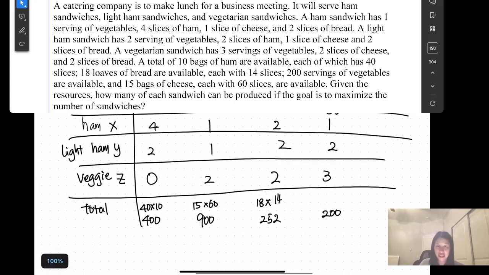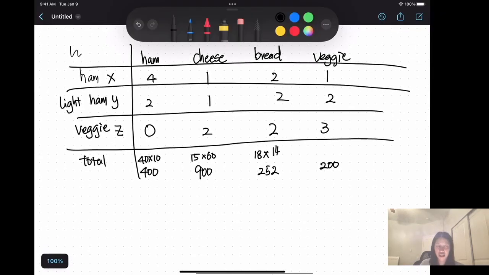After that, let me close this up, and then we can set up our equation. They ask you what will be the maximum number of sandwiches. We can use S or P or any letter that you like. It should be the number of ham plus the number of light ham plus veggie, right?